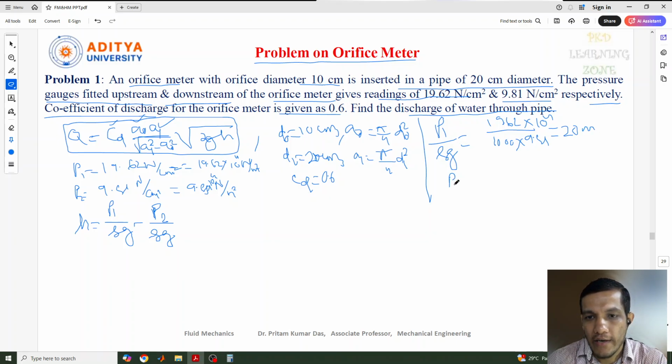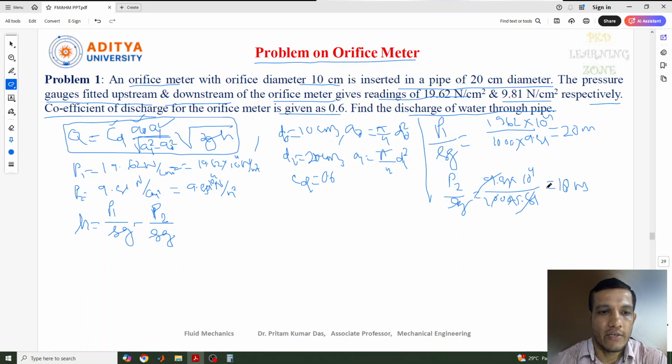Similarly, you can get P2 by rho g. This is again a simple one, 9.81 into 10 to the power 4 divided by 1000 into 9.81. So here we'll get 10 meter because 9.81 cancels, 10 to the power 3 cancels, only 10 will be there. Okay, so we got these two values. Now I can write 20 minus 10, so this is nothing but 10 meter of water. This is h.